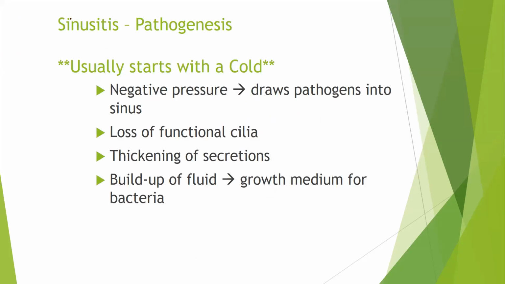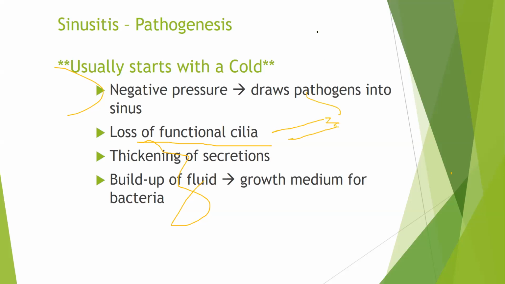The pathogenesis of sinusitis is usually that it starts with a cold. You've got negative pressure from all the mucus, and it draws pathogens back into the sinus and doesn't let them back out. This can also be caused by loss of functional cilia. This is why we talk about smoking being a risk factor, right?